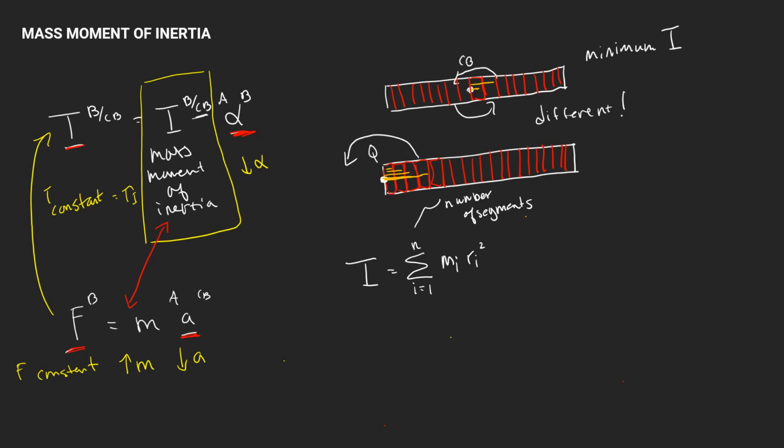We're calculating r as the distance between the center of mass and the center of each unit, something like that.